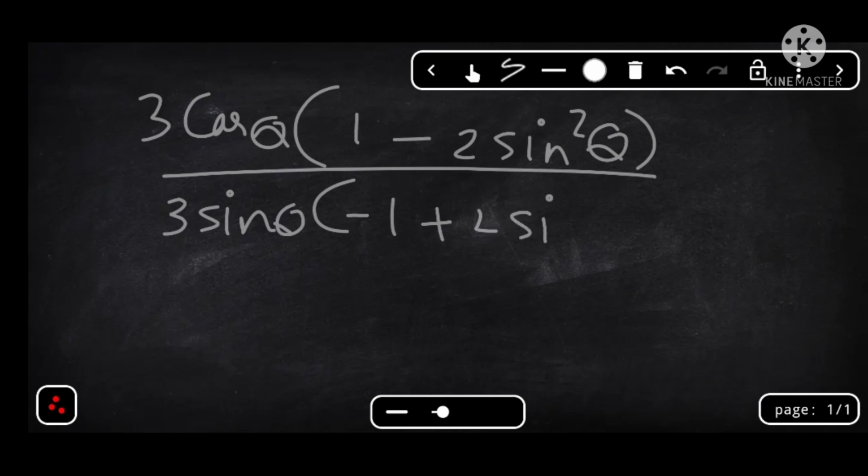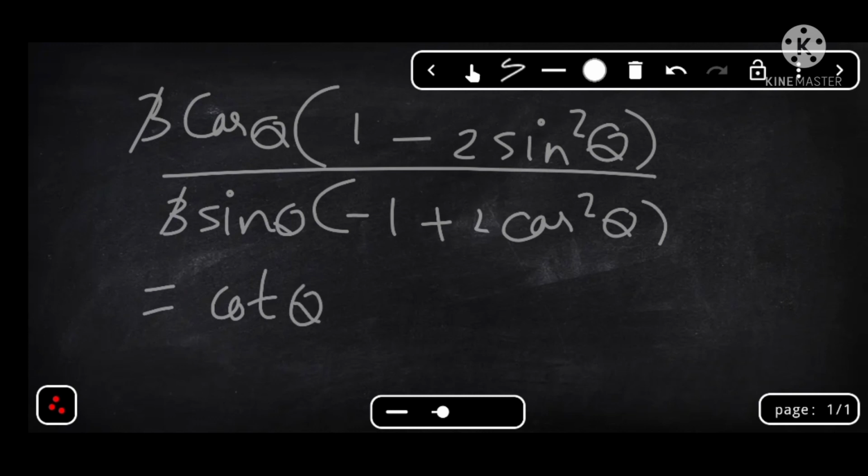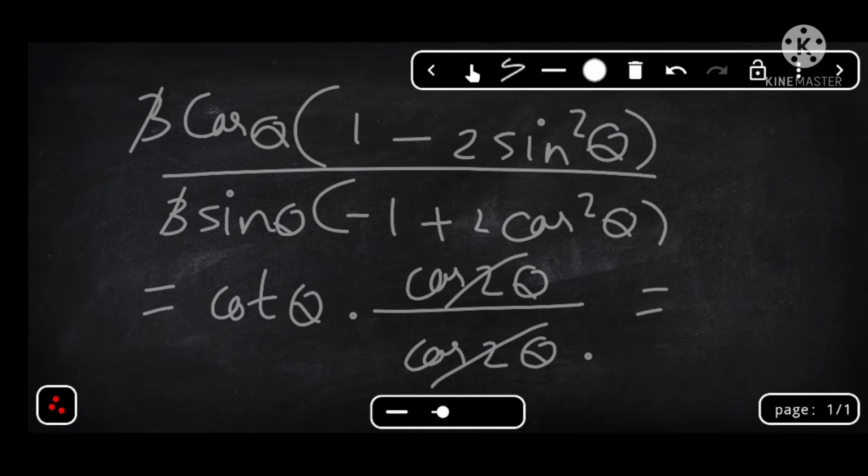So the remaining is minus 1 plus 2 cos square theta. So cos by sin is cot and 3 will get cancelled. So cot theta into 1 minus 2 sin square theta, which is cos 2 theta, divided by minus 1 plus 2 cos square theta, which is also cos 2 theta. So both will get cancelled. So our answer will be cot theta.